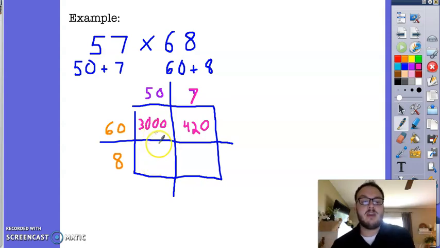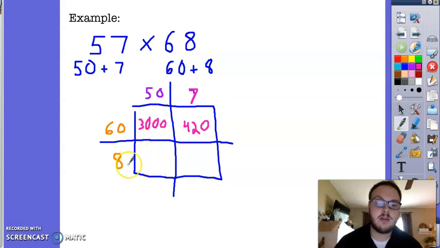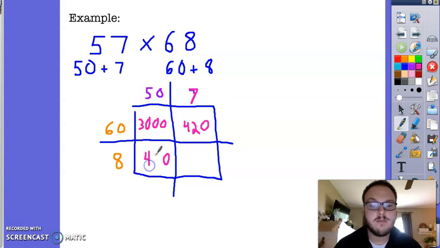Now I move down here, and again I'm taking the row times the column, so I'm doing 8 times 50, which shares one 0. 8 times 5 is 40. Move on to my last box: 8 times 7, which is 56. Now I can just add it all together.